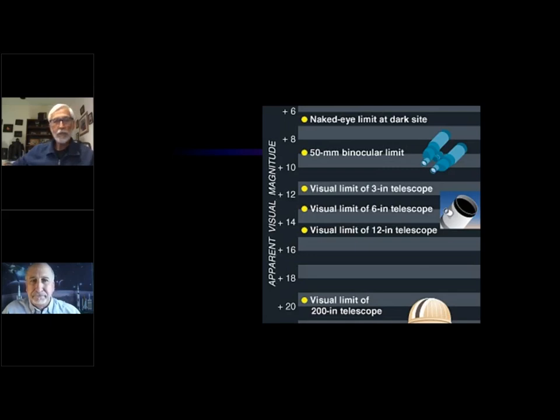So the first thing I think you may be asking yourself is, okay, there's nothing up there now that I can see, even if I have a large telescope. So Richard, is there something out there that we can do to be able to see these comets as amateurs? Yes, actually, fortunately there is, Spence.